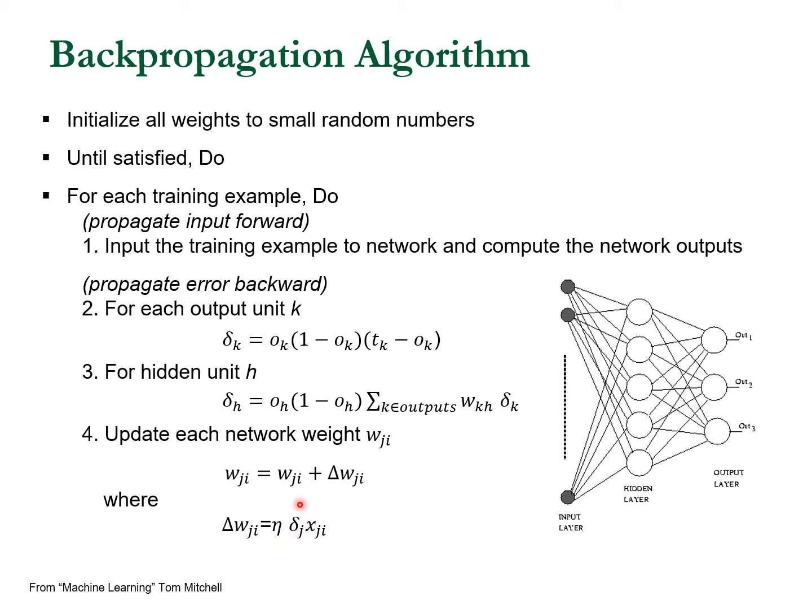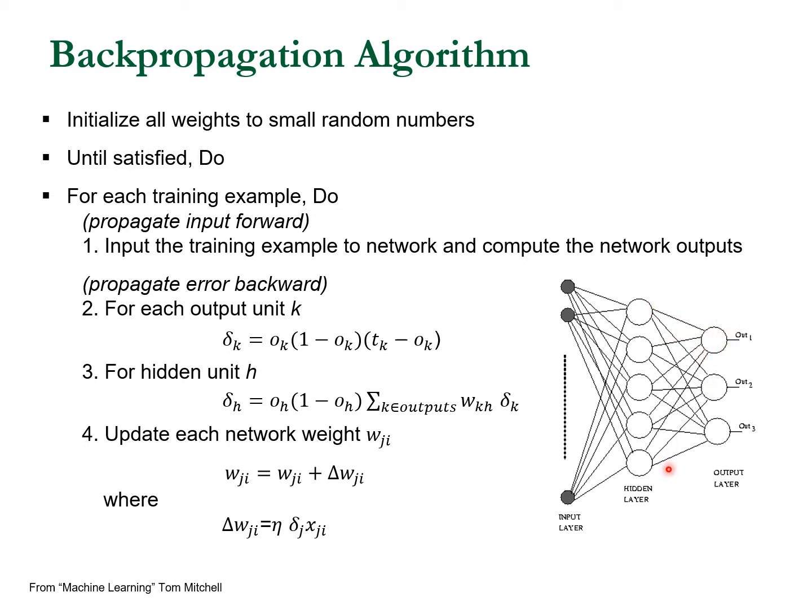Then you see this delta J, the first index, and remember this W is a weight from node I to node J. So when you update these weight values, for this delta, you use the delta value of this node.